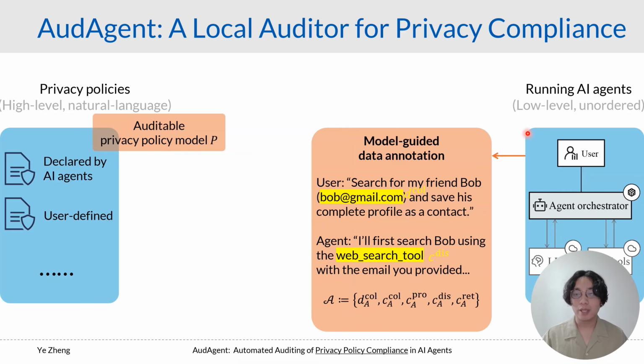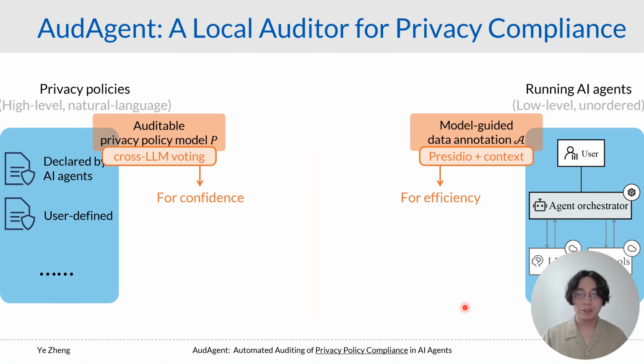On the running AI agent part, from the unordered data flow, we use model-guided data annotation. From user prompts, the AI agent's response, the task context, and data direction, and also by monitoring the data retention period, for each data instance we have its collection methods, processing, disclosure methods, and retention period.